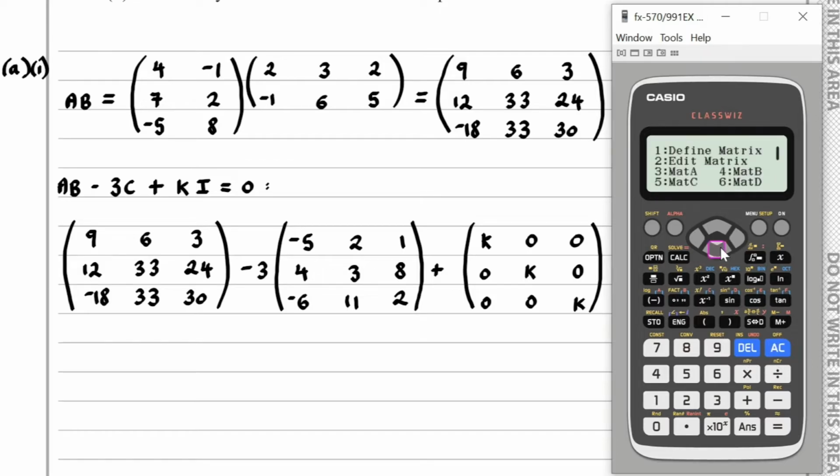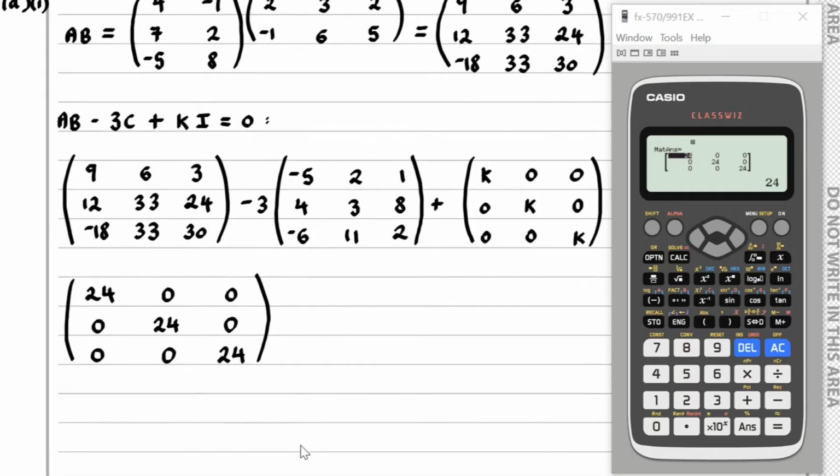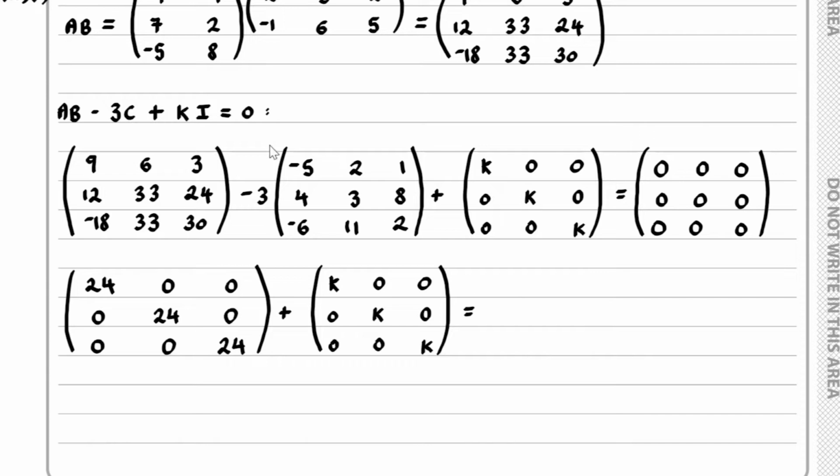So we have AB subtract 3 times the matrix C, and if I work that out, it turns out we have 24 times the identity matrix, and the 24 is along the leading diagonal. And then we add to this k times the identity matrix, and the result of this calculation is equal to 0.